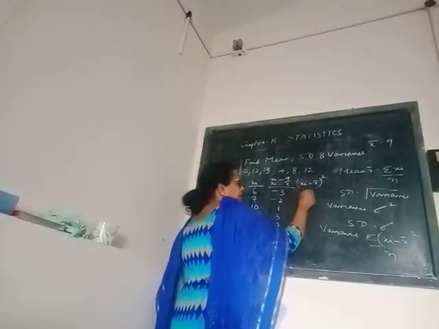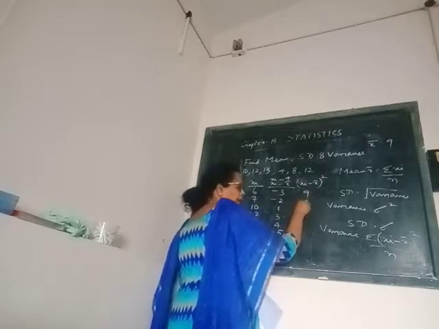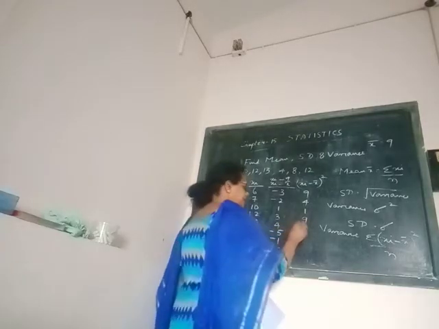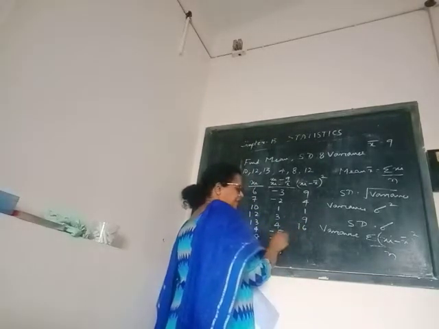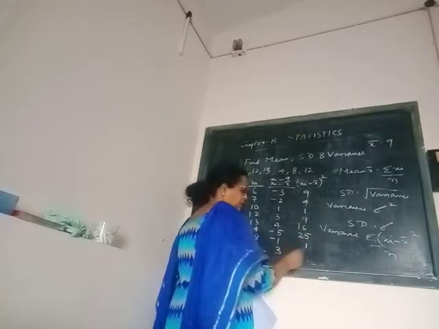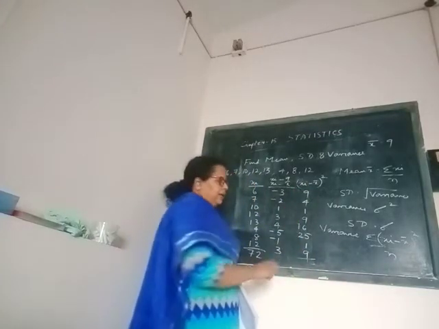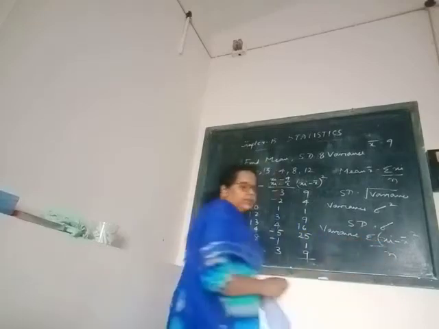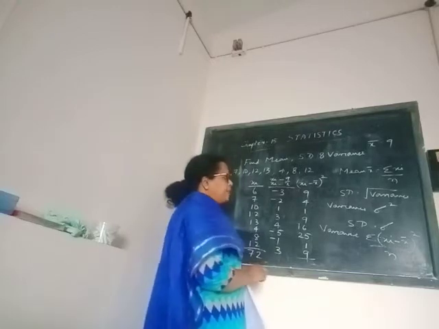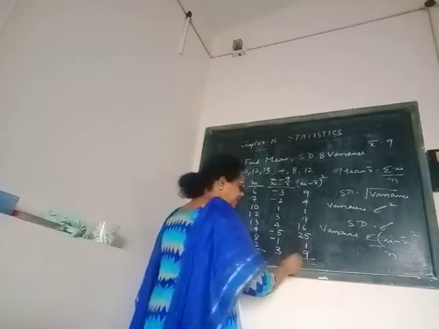So squares: negative 3 squared 9, negative 2 squared 4, 1 squared 1, 3 squared 9, 4 squared 16, negative 5 squared 25, negative 1 squared 1, 3 squared 9. So we got xi minus x bar whole squared. Variance formula is sigma of these observations, so we have to add this column. Find sigma xi minus x bar whole squared. When we add, we will get 74.